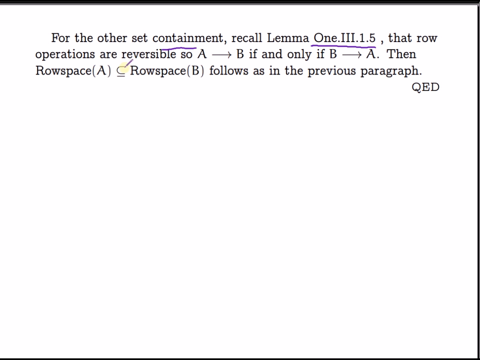I won't turn there because I just mentioned this. So if A goes to B, then B goes to A. So we can also have that the row space of A is contained in the row space of B by the very same argument. Okay? So the upshot is, if you get one matrix from another through a series of row operations, it will have the same row space as the original matrix.